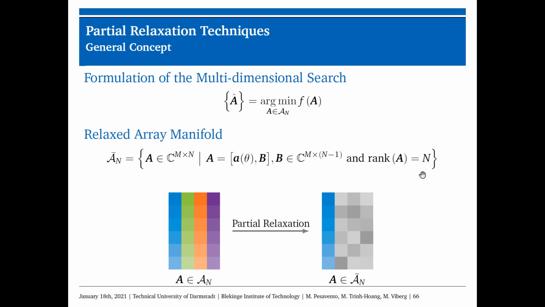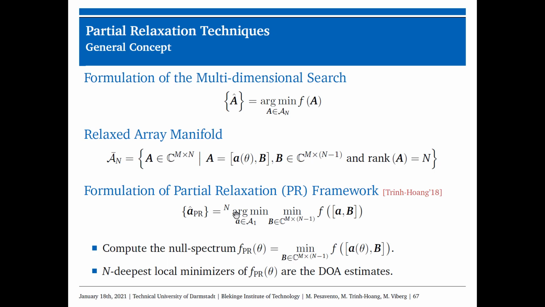In order to obtain all n DOAs, we resort to the method of spectral sweep, similarly to the single source approximation. In each candidate direction, we solve an optimization problem where we search for a relaxed part B of the steering matrix that minimizes the cost function f.